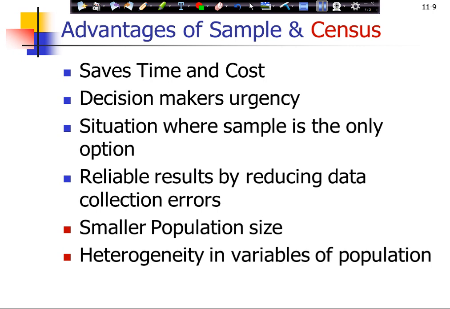Probably he may just have hours to take a decision. So he cannot keep on waiting till you collect the information from the whole census or the whole population. So at that time, collecting information from a sample is apt.